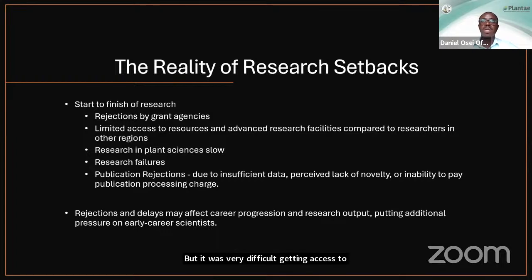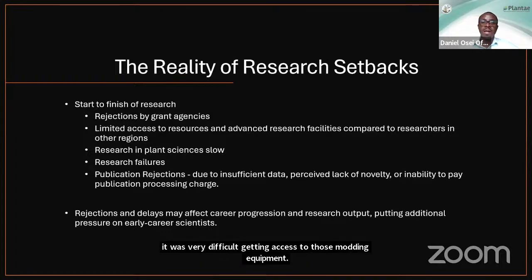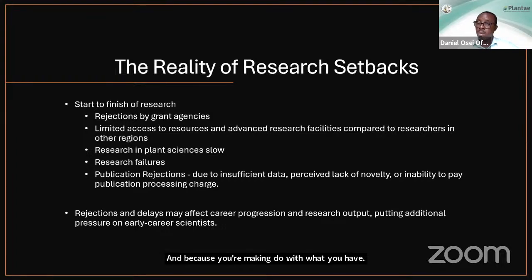Because you're making do with what you have, you would write papers and send them to the well-known journals, and they would tell you that your equipment or your methodology is quite old. For you, that's the most modern equipment you could find to do your work, but it ends up that it's probably about 10 or 15 years old equipment that you are using.